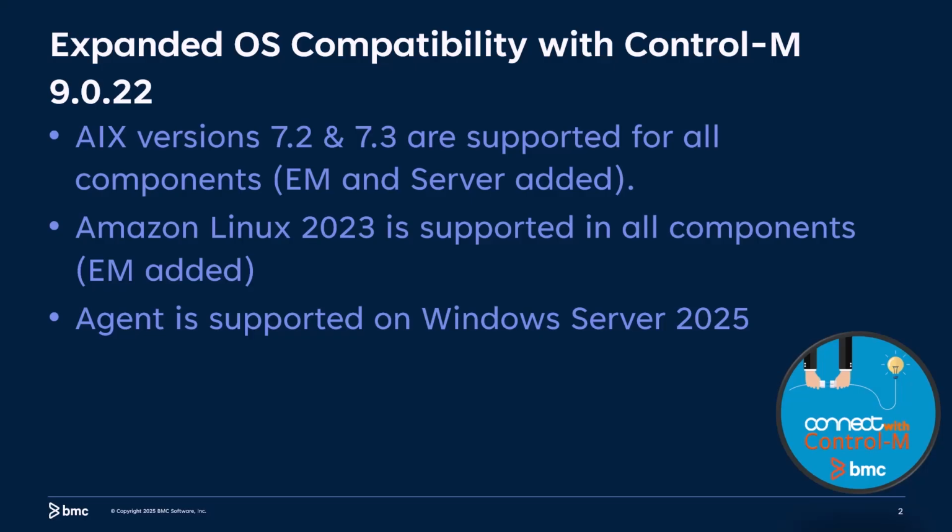This includes full support for AIX versions 7.2 and 7.3 across all components, adding Enterprise Manager and Control M Server. Amazon Linux 2023 is now supported in all components as well, and Windows Server 2025 is officially supported for agent installations, helping you prepare for upcoming infrastructure changes.